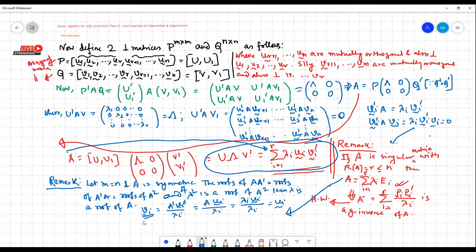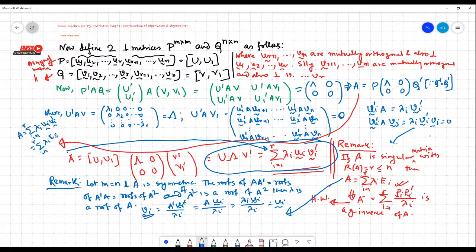If A is a real symmetric matrix, then Vi equal to Ui curl, and you write A equal to the sum over I from 1 to r of lambda I Ui curl Ui curl prime.